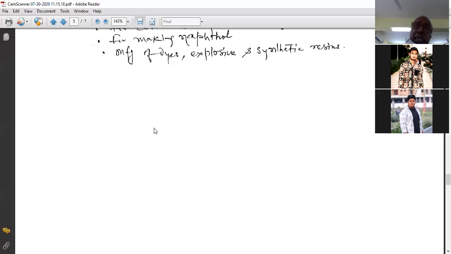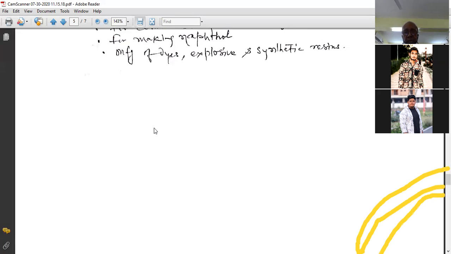It depends upon the nature of the groups. Groups are of two types: electron donating groups and electron withdrawing groups. So we will discuss these topics, orientation of naphthalene and benzene, and in the next class how it goes to the ortho positions and how it goes to the para positions.